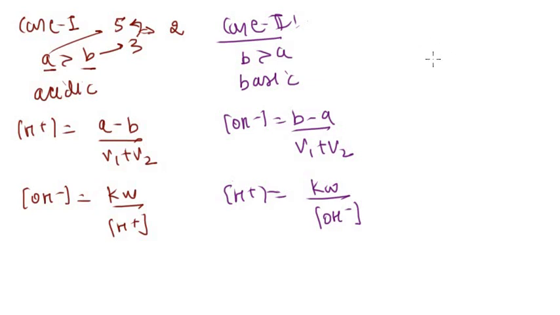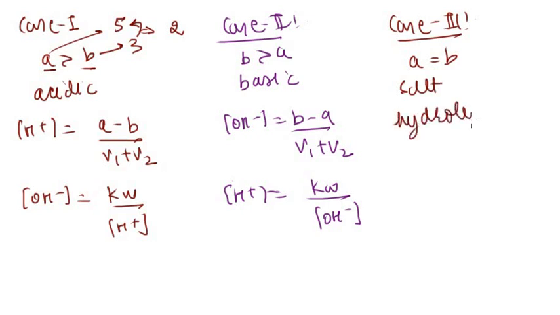Now case 3, when both are equal, A equals B, then that will be the case of salt hydrolysis. In the series of calculating the pH of salt hydrolysis, first of all, we predicted that when a strong acid and a strong base are mixed in unequal amounts, how do we calculate the pH?